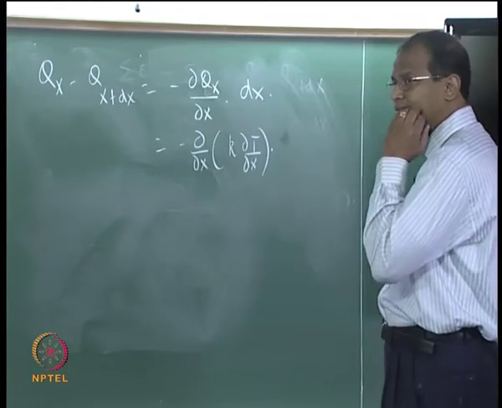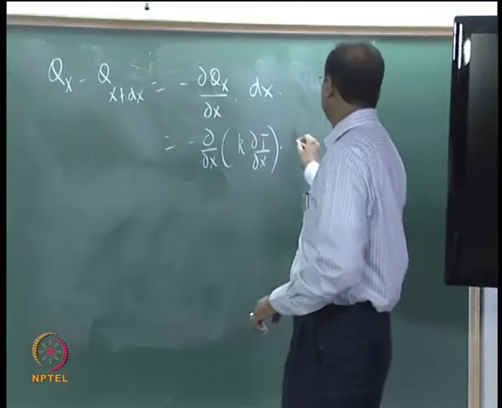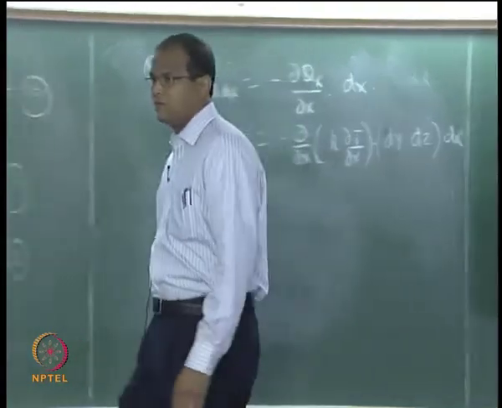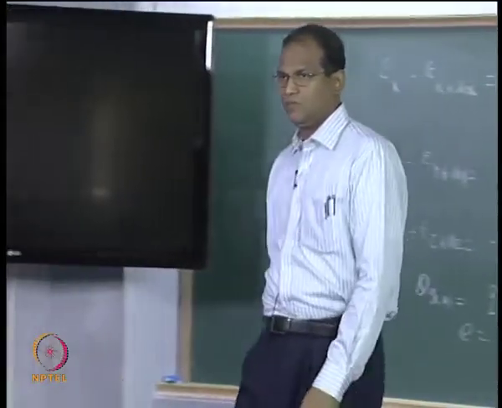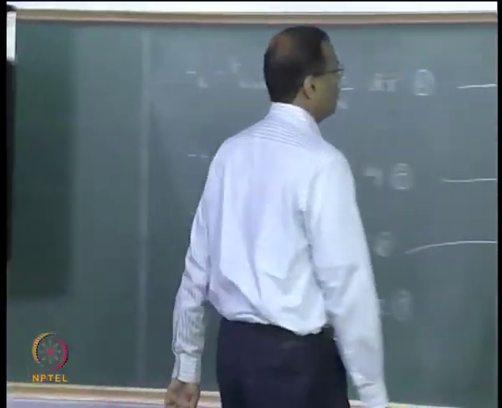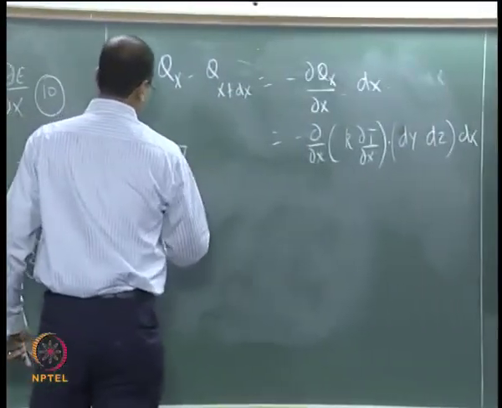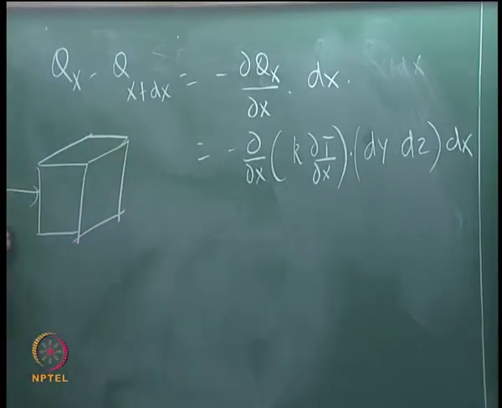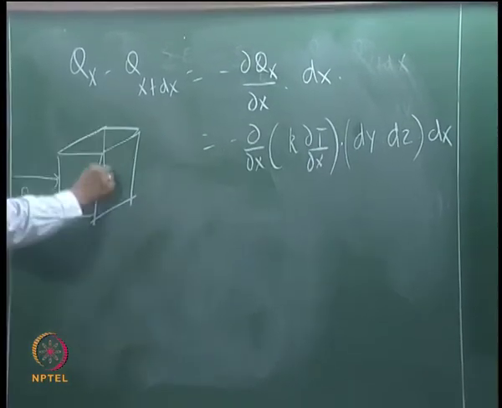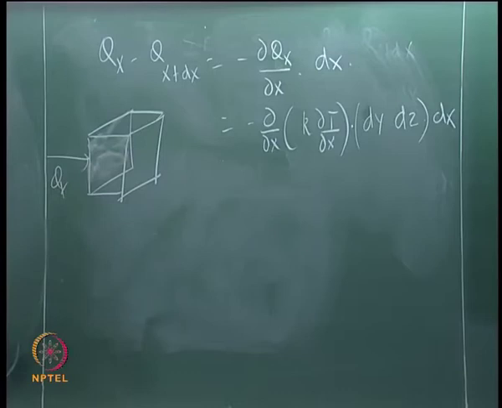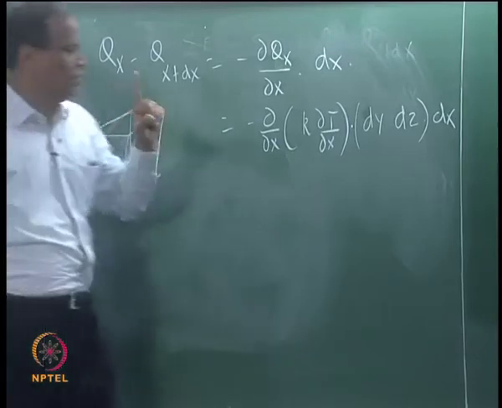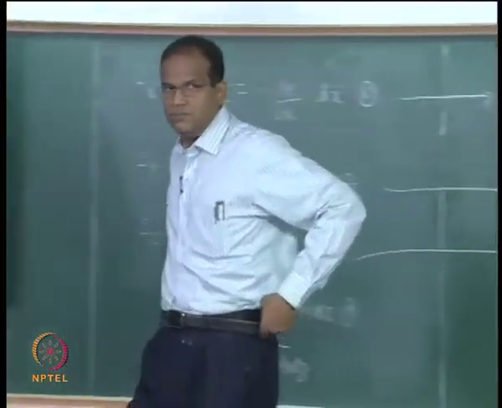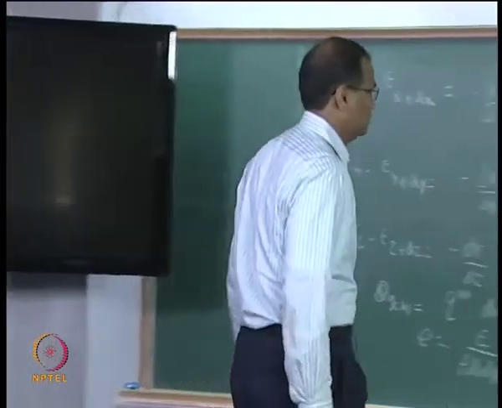What will be the area? Yeah, people who have some doubt. Okay. This is the Qx. The Qx is passing through this area. That area is dy dz. I did one more thing, I removed the dy dz out of the bracket. I am allowed to do that. Correct?